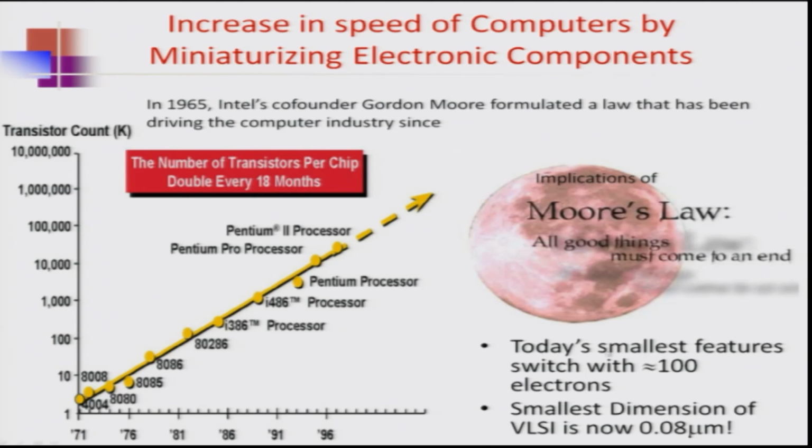So, for instance, this was done at a time when the smallest features were switching at around 100 electrons. We are actually less than that nowadays, and dimensions of the very large scale integrated devices are now in nanometers. So, that is the reason why we have this issue about quantum mechanics coming into the picture.